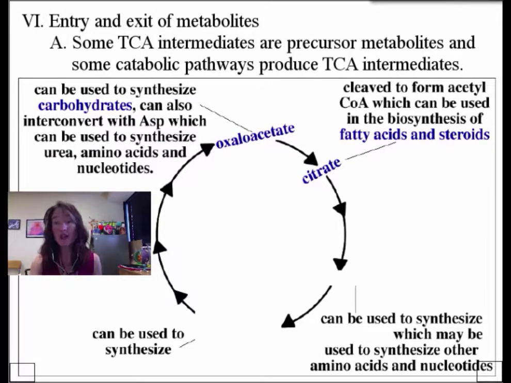Of course, we recognize alpha-ketoglutarate as very similar to glutamate, and it takes very little anabolism to use alpha-ketoglutarate as the Lego to build up glutamate. So it can be an important precursor metabolite in the synthesis of amino acids, but also nucleotides.